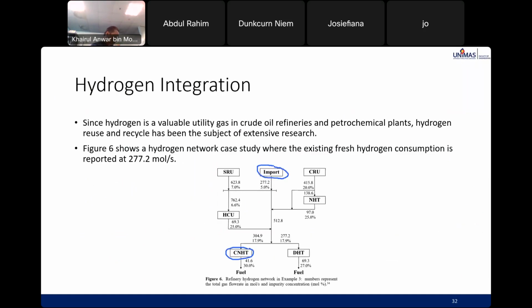Okay, we continue. Third one, hydrogen integration.